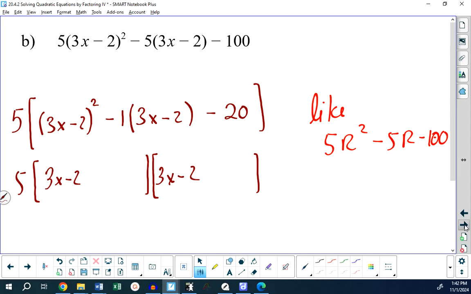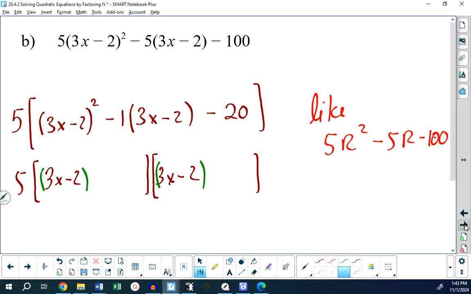This set of brackets I'm going to put is not necessary, but it helps some people ease their way into what's going on here. And then we are looking for two numbers that multiply to give negative 20 and add to give negative 1.